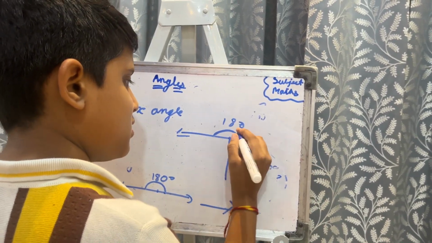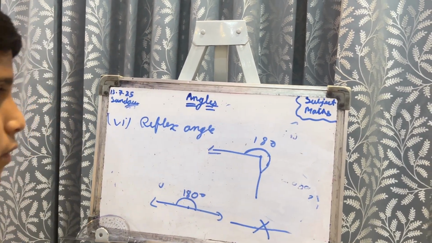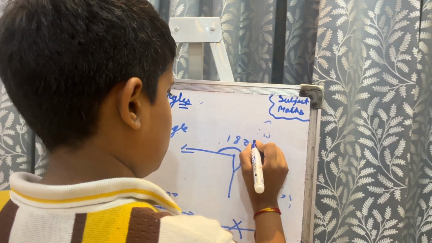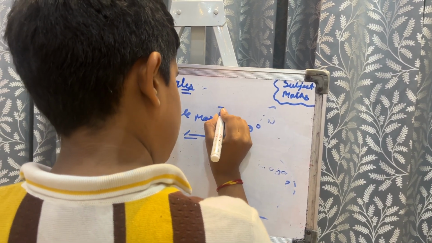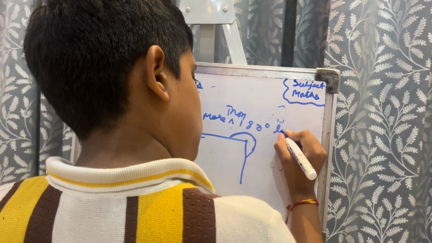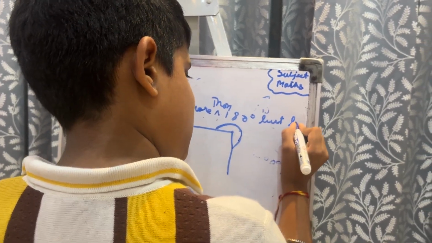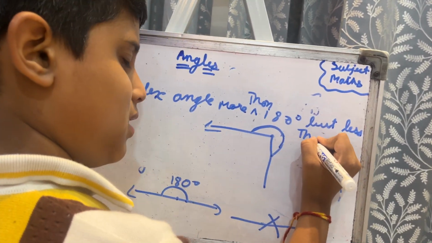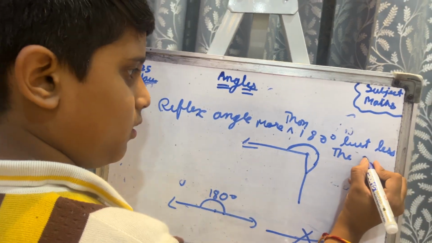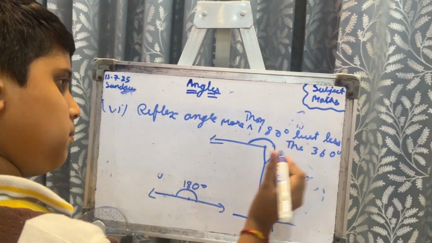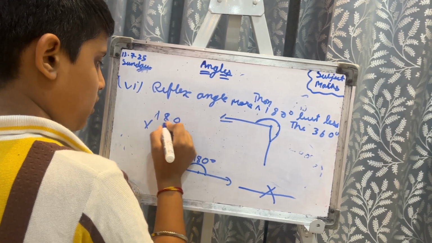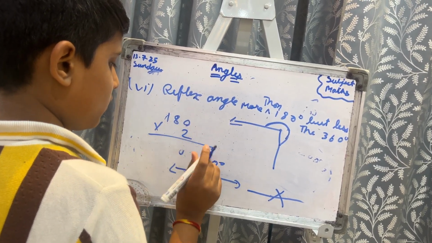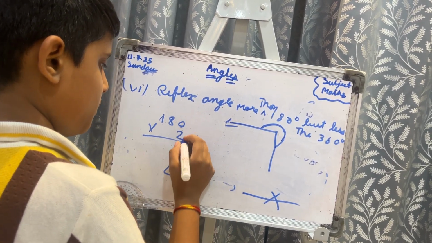So which angle is this called? This is called a reflex angle. More than 180 but less than 360, because 180 multiplied by 2, what will the answer be?